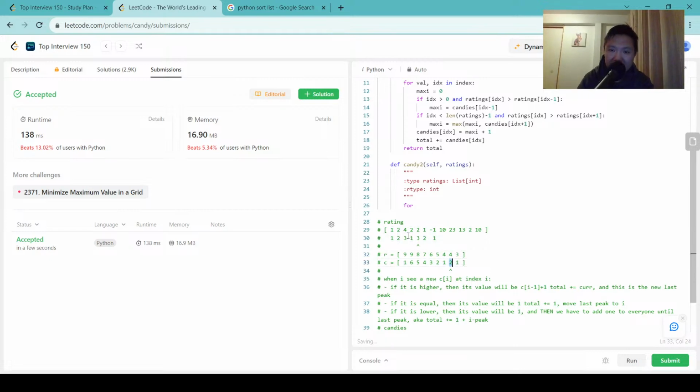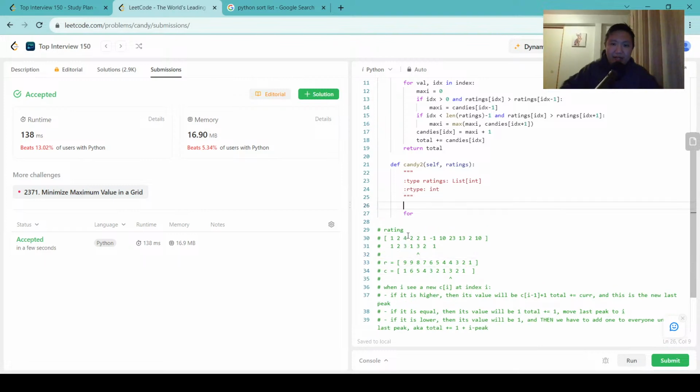See this ripple effect that I'm doing? When I see a downward turn, I have a ripple effect. It's 3, this has to become 2. When this is 1, this has to become 2, and this has to become 3. The ripple effect stops at last peak. Okay, gotcha. I think we got it.